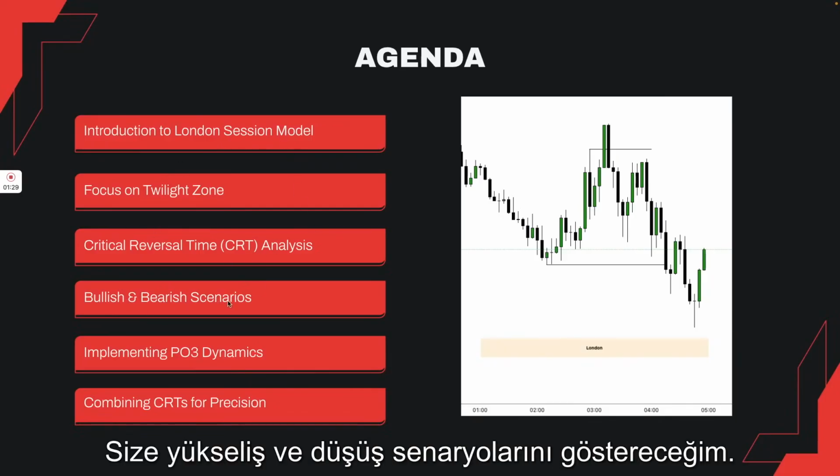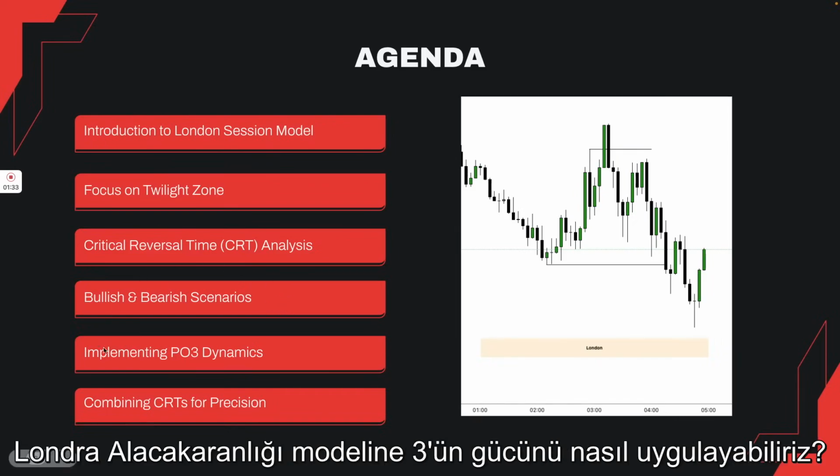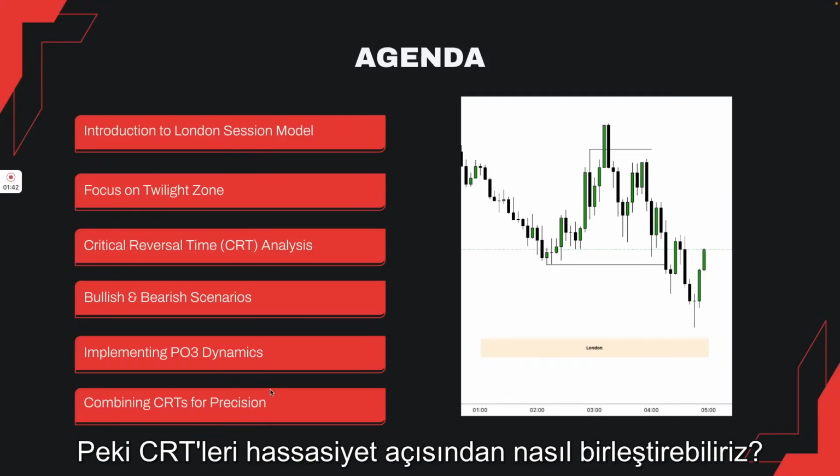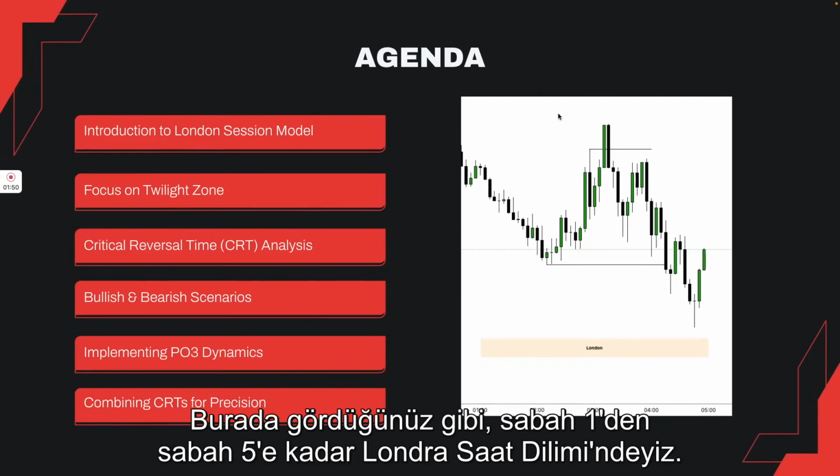I will show you bullish and bearish scenarios. How can we implement the power of 3 to the London Twilight model? And how can we combine CRTs for precision? As you can see in this image right here, from 1 a.m. to 5 a.m., we have the London time zone.